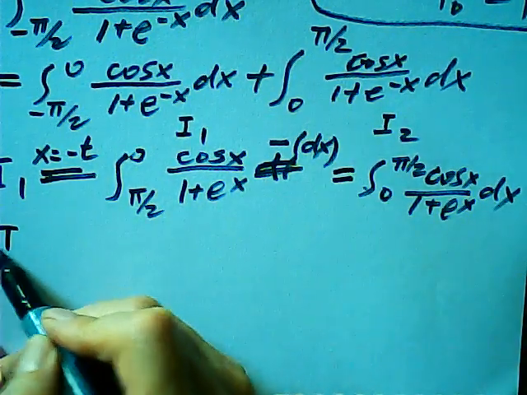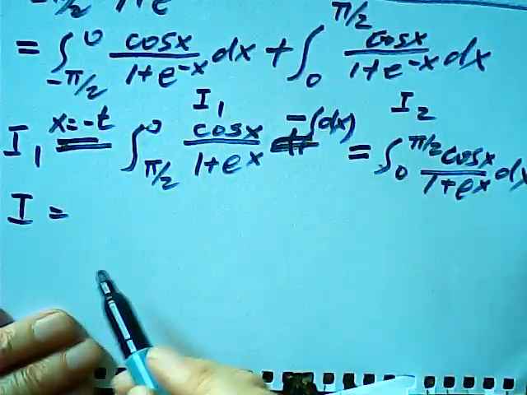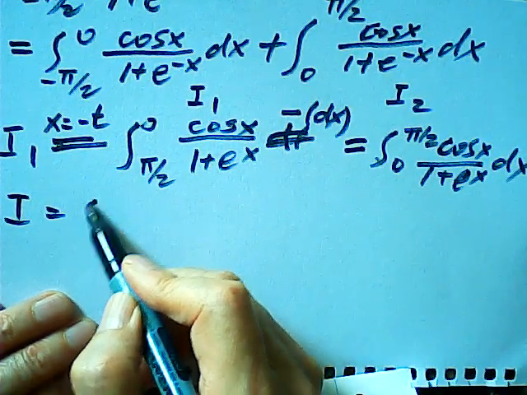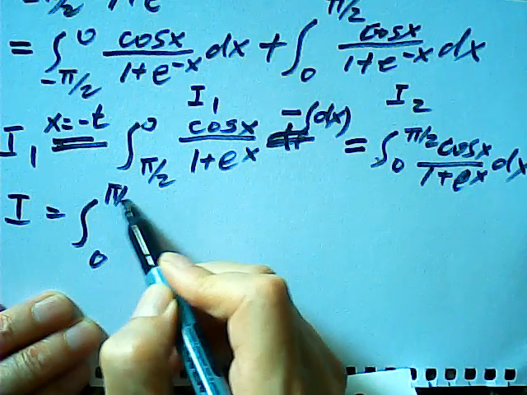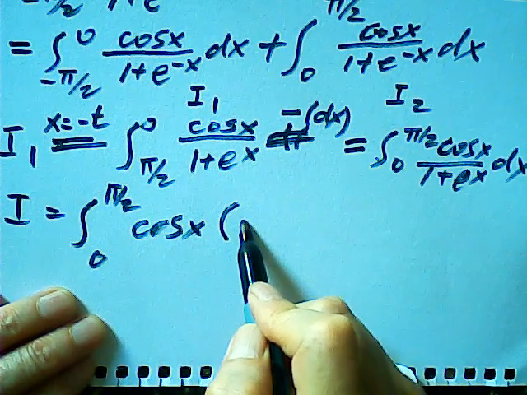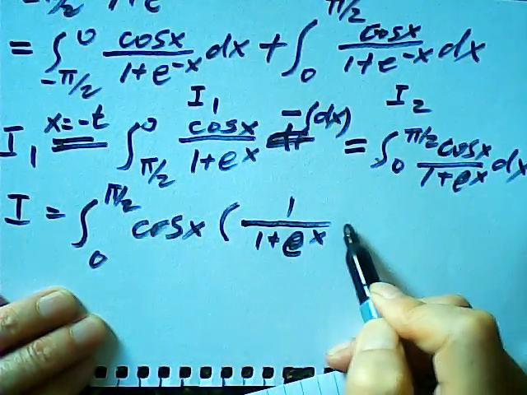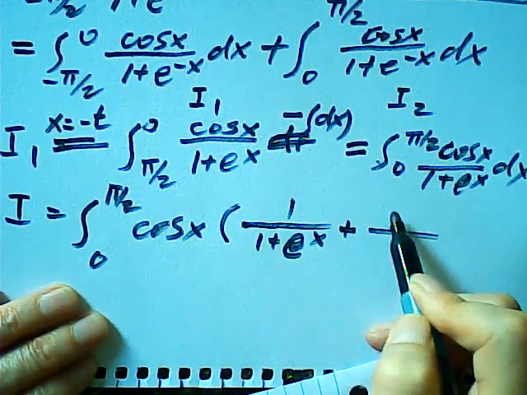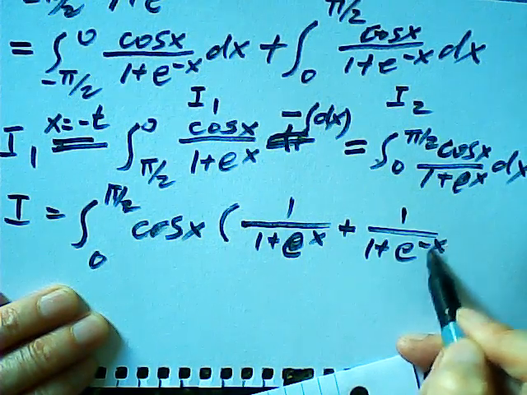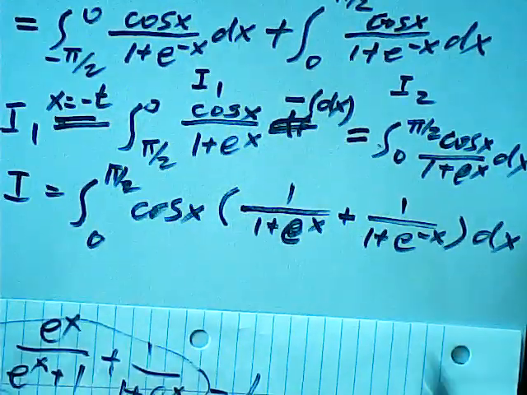So I becomes I1 plus I2, the same common factor, right? It's 0 to half pi. Cosine is common, and 1 over 1 plus e to the x plus 1 over 1 plus e to the negative x. Well, this is the same reason.